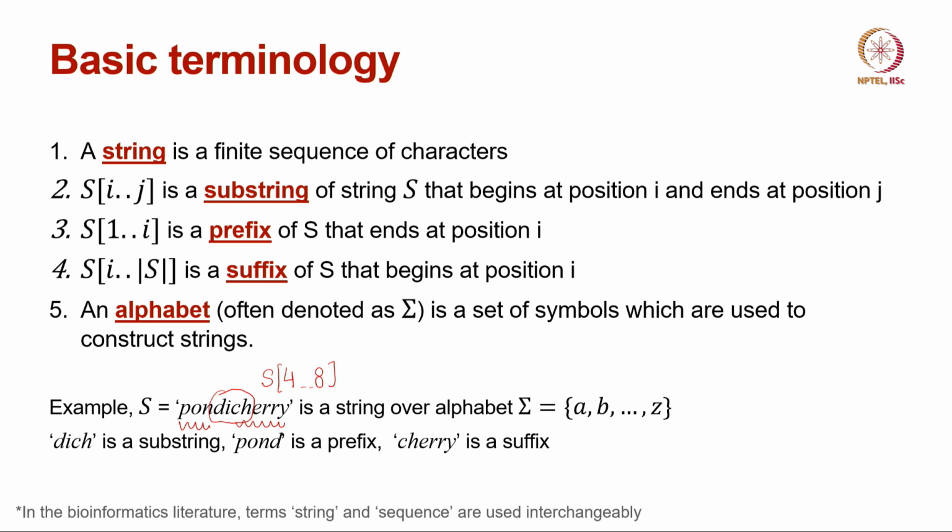Similarly, DNA sequences will be composed of an alphabet of size 4: A, T, C and G. One disclaimer: in the bioinformatics literature, the terms string and sequence are used interchangeably, so we may sometimes refer to a sequence or sometimes use the word string in our lectures.